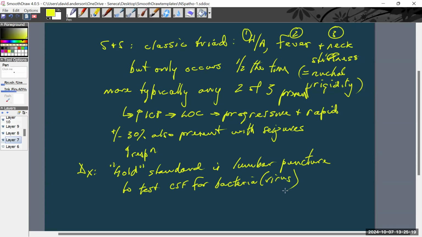And the reason that they want to go below the level of L3 is because the spinal cord is no longer a solid mass of tissue. It's described as being a cauda equina. It's a series of nerve fibers there. So there's a lot less chance of creating injury to the spinal cord by injecting a bore at that level to try to retrieve a sample of the cerebral spinal fluid.